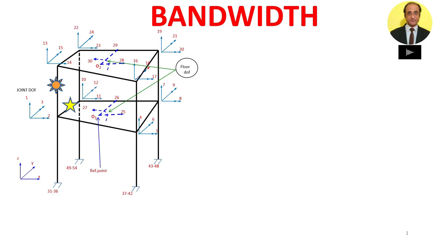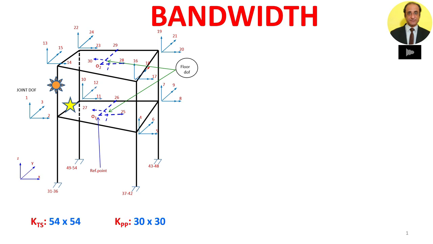The number of degrees of freedom will be less in this particular case and their numbering sequence is also different. The degrees of freedom shall be of two types, the joint degrees of freedom and the floor degrees of freedom. Let's now work further so as to understand the further computational procedures.